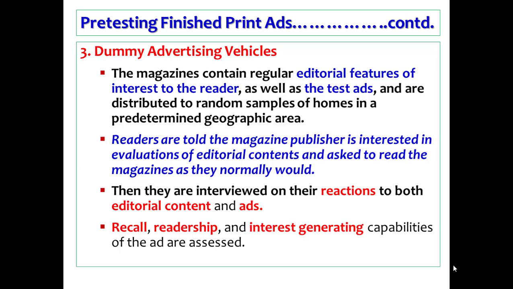In this case, the magazine editorials are also disseminated with the test advertisement simultaneously. The researcher, the one who tests the effectiveness of the message, is distributing this magazine with the test advertisement to a selected sample of respondents in predetermined areas.